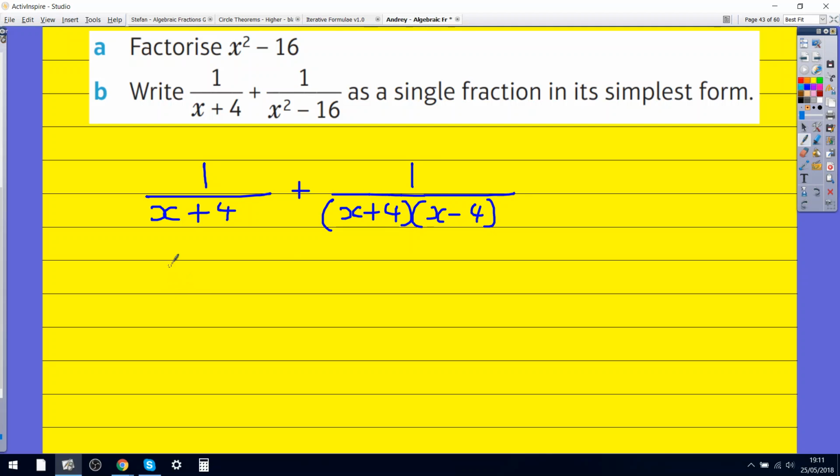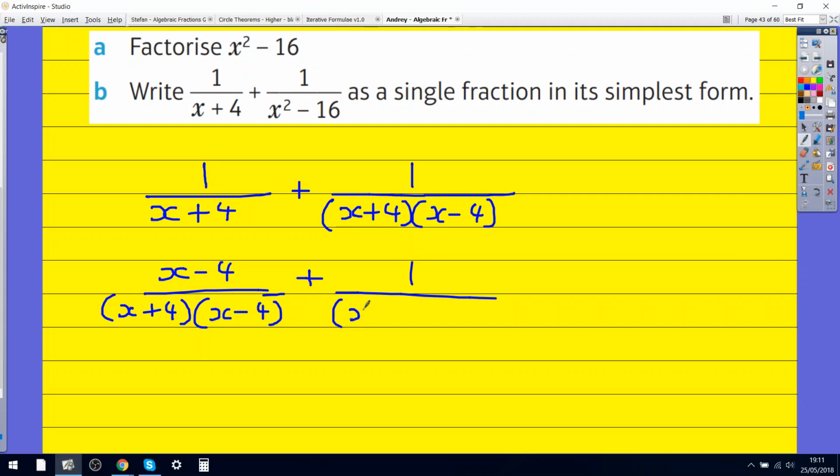When you make the numerator x minus 4 as well, if you wanted to put x minus 4 at the bottom. Okay, and so what's on the bottom now? X plus 4 and x minus 4. Yeah. And what you notice is that that's the denominator for the other one already. So actually we only needed to change one of the fractions this time. Okay, what do you get?